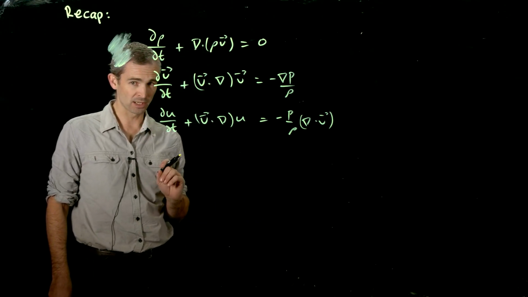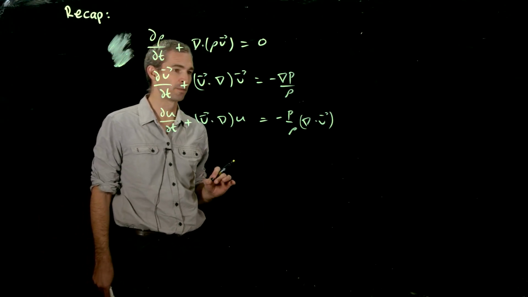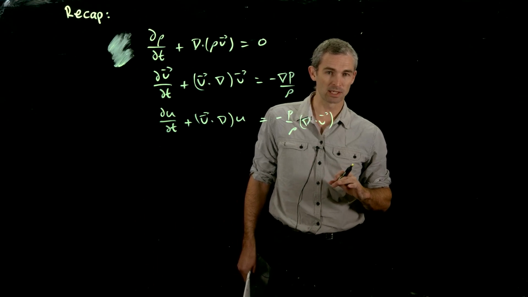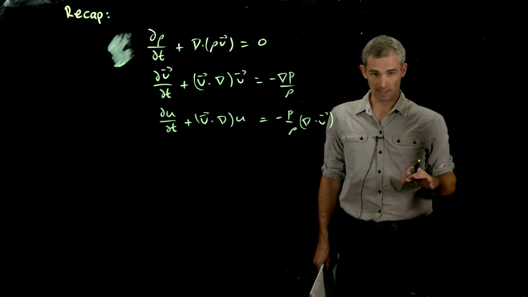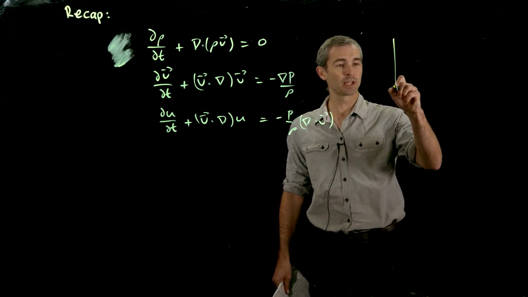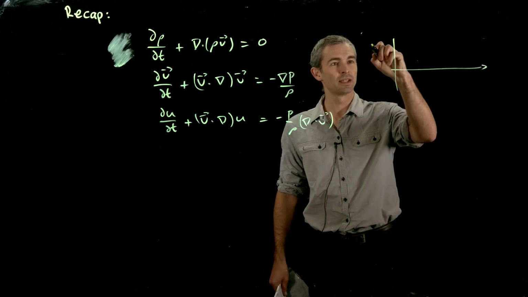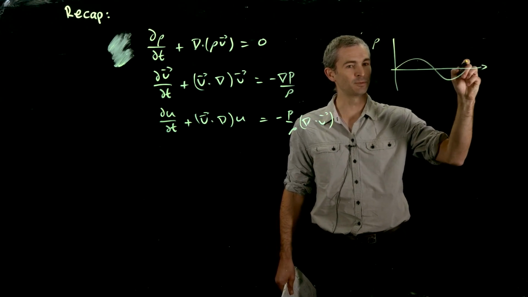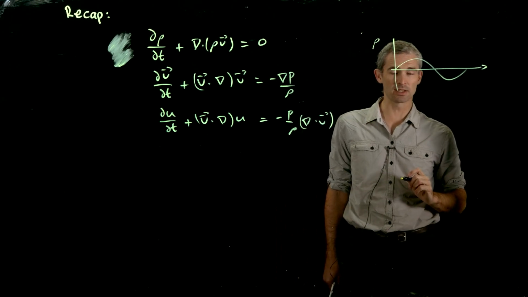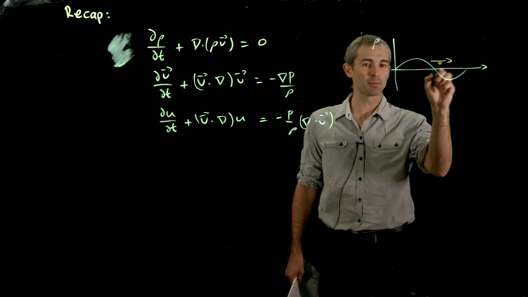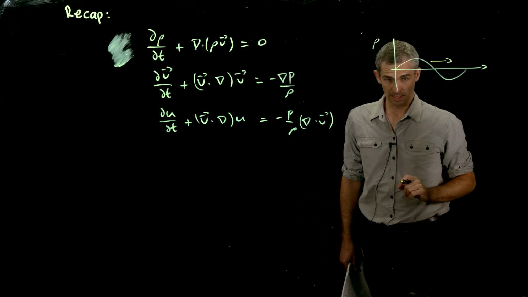All right, so the main thing we're going to talk about this lecture is the nonlinear behavior of these equations. Last lecture, we worked out the linear behavior, and essentially we found that if you take a small density perturbation, say a sinusoidal density perturbation, then it will just propagate unchanged as a linear wave.